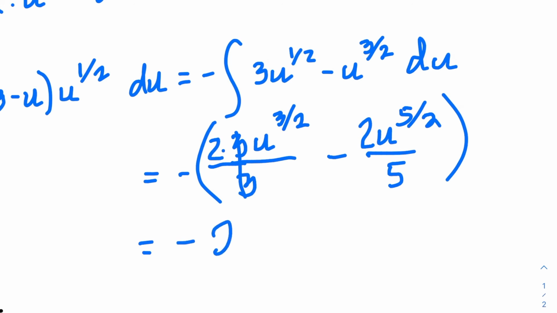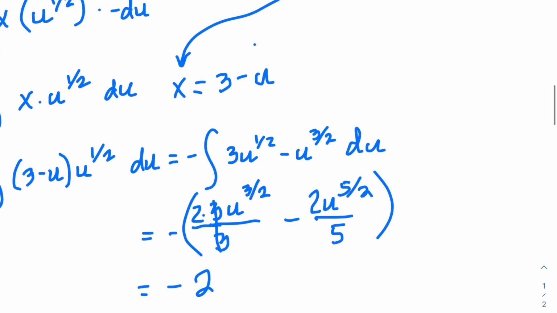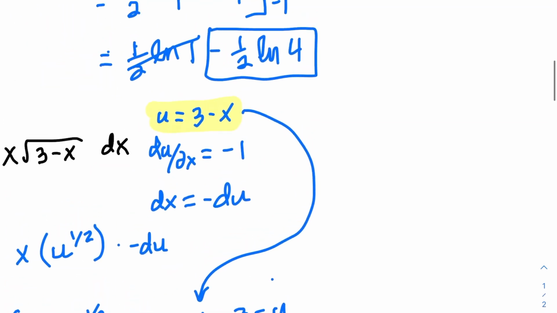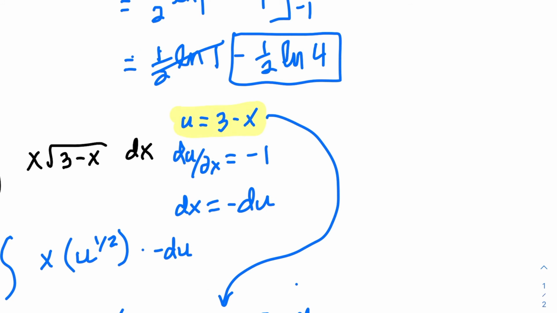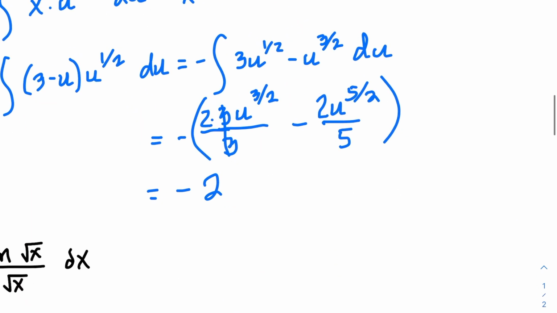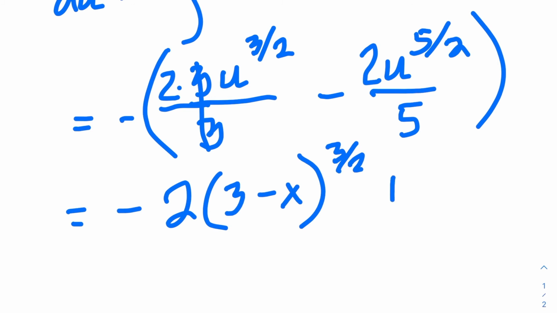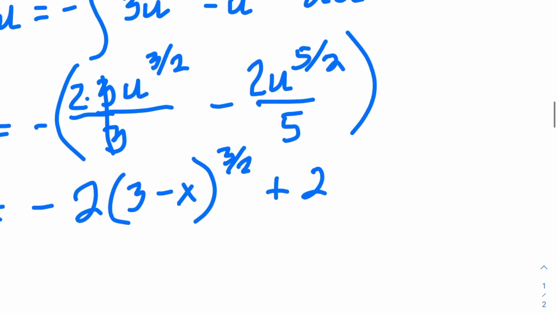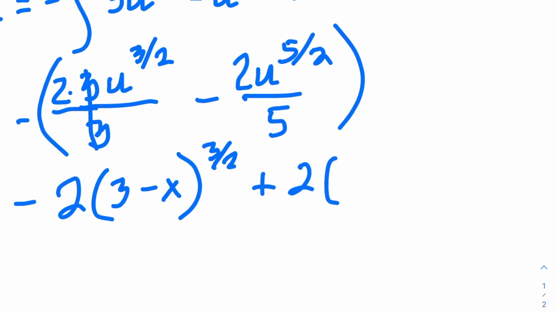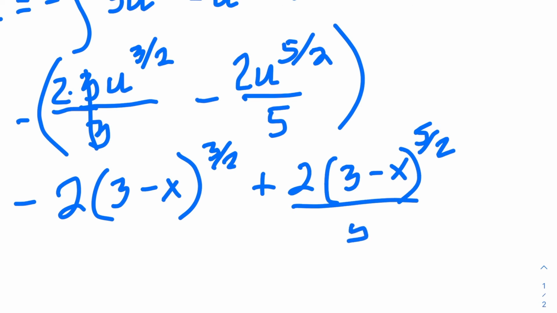So we'll have negative 2u to the 3/2, and we might as well go ahead and plug in our original u value back in. So if we look up here, we had u equals 3 minus x, and if we plug that in here, we'll have negative 2 times 3 minus x to the 3/2, and then plus 2 times 3 minus x to the 5/2 over 5.